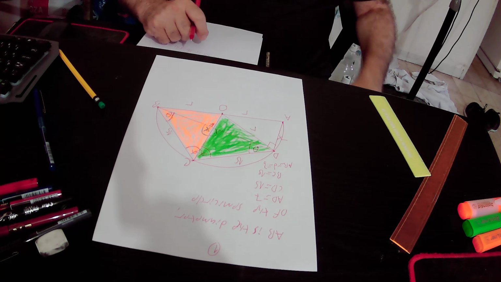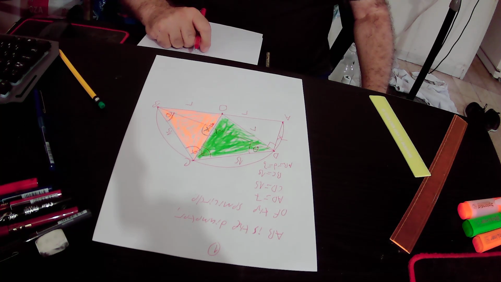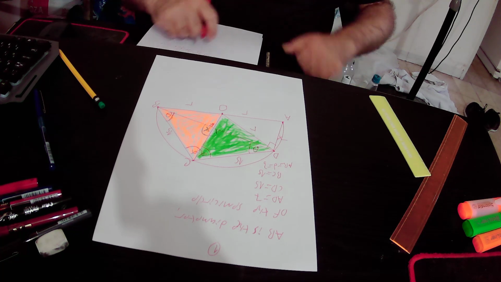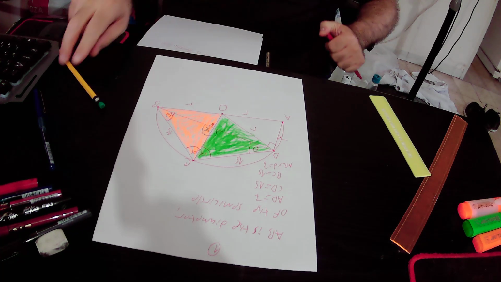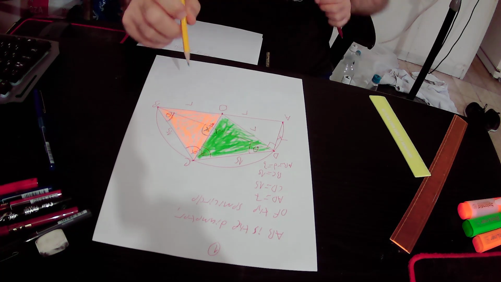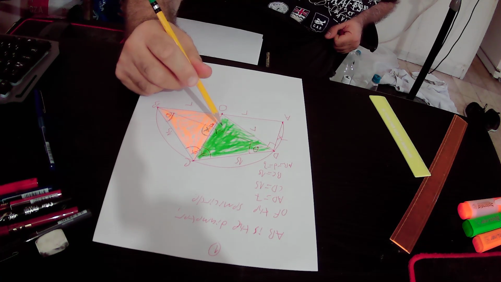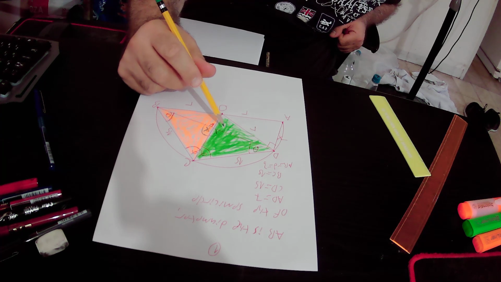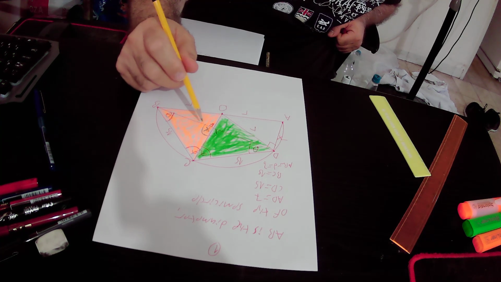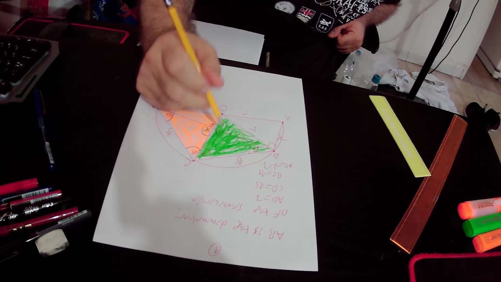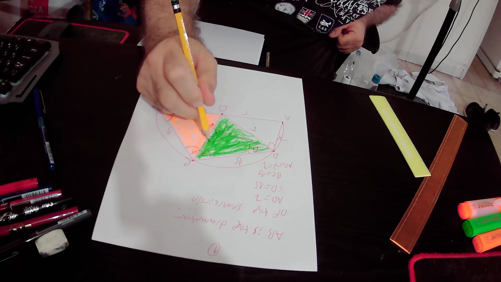And we know that the sum of the angles along a straight line, on one side of a straight line at a certain point, equals 180 degrees.